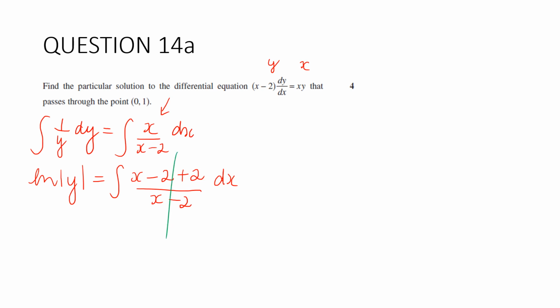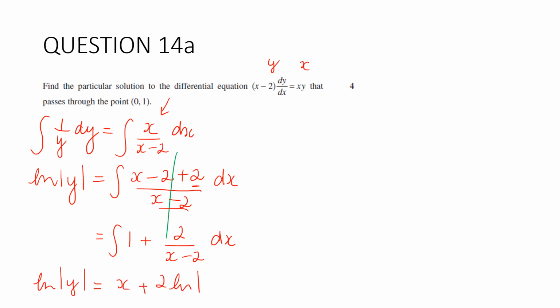Because now I have a top-heavy fraction that I can split. So this is equal to the integral of (x - 2)/(x - 2), which is 1, plus 2/(x - 2) dx. All right, so ln y is going to be equal to x + 2 ln(x - 2) + c.